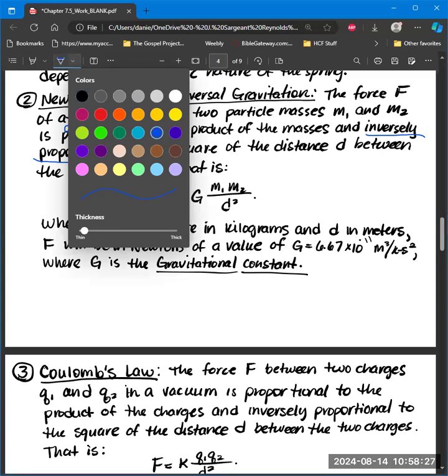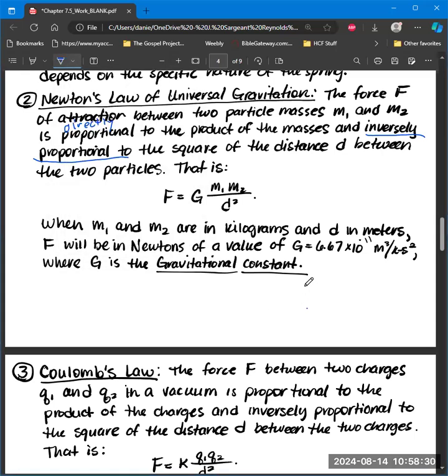That's a number you're going to want to memorize.